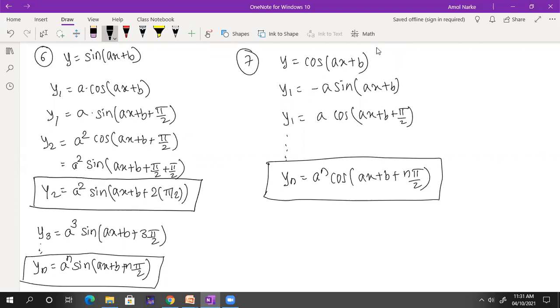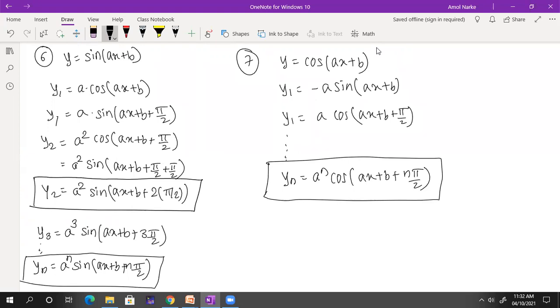Done? Understood? Yes, sir. It's very easy. It's not that hard, that is what I think. Now the hard will come. So these, 7 and 8, are very basic and very important as far as your Leibniz theorem, whatever the next point we have, is concerned.